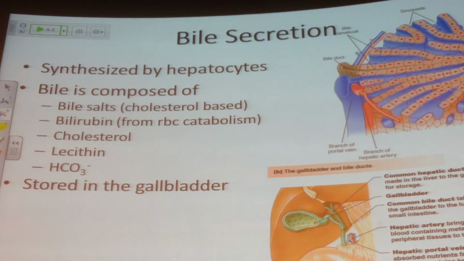The biliary secretion, on the other hand, is why we talked about the liver being considered part of the digestive system. One of the important things is the liver secreting bile. Bile is a very complex juice. In this bile juice you can find bile salts, which are very important for lipid digestion. You can also find some metabolic products like bilirubin.